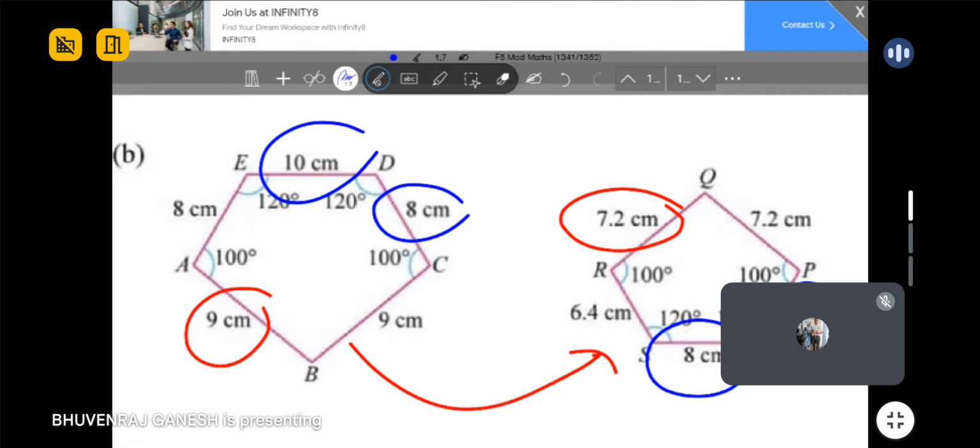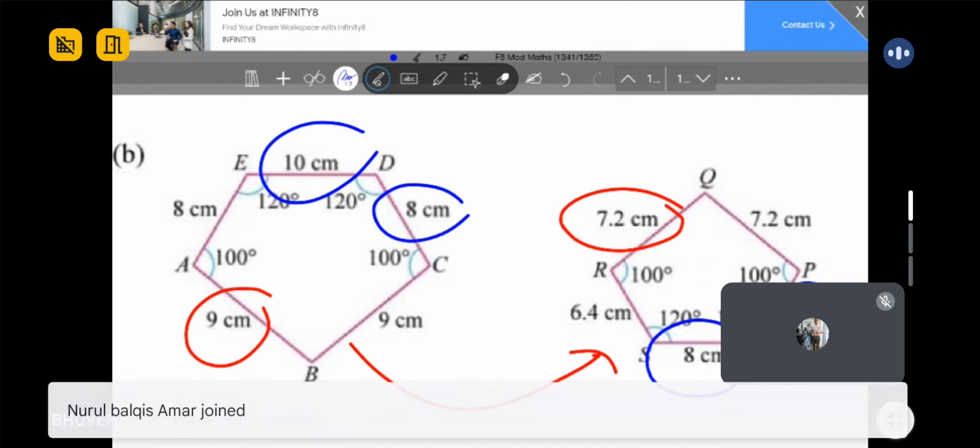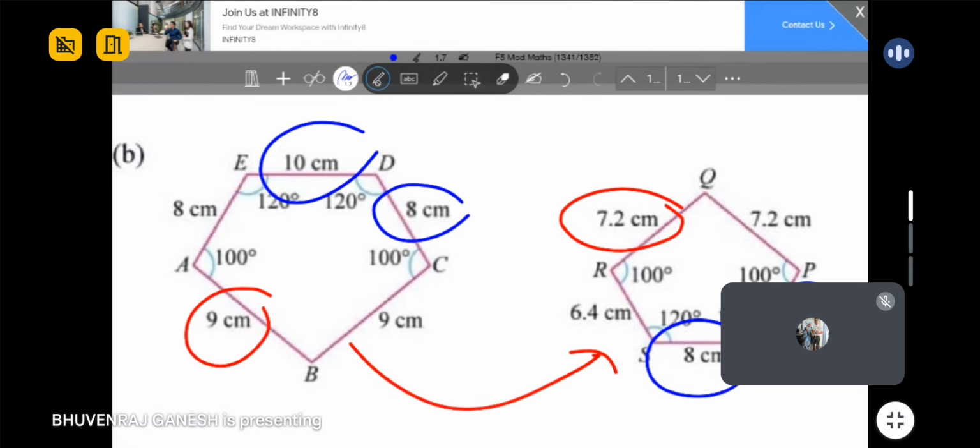You try with the other length also. Okay, so maybe you take 8 divide 6.4, also 1.25. Then you try 9 divide 7.2, also 1.25. Semua ada nilai yang tetap. So this is actually the scale factor, faktor skala. Okay, so means that they are similar. Okay, objek yang serupa.